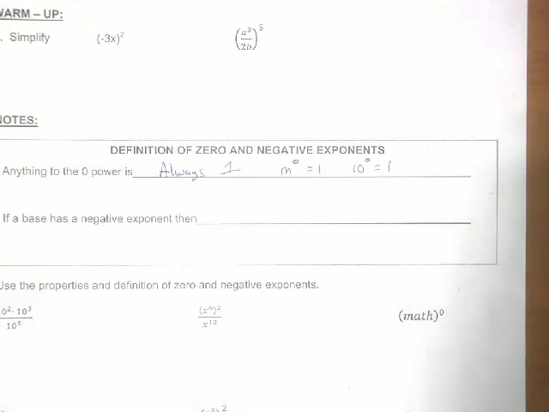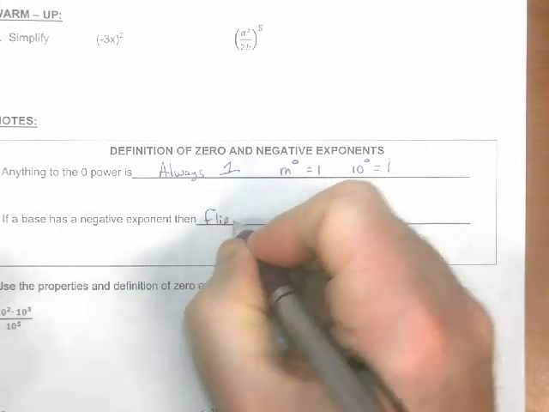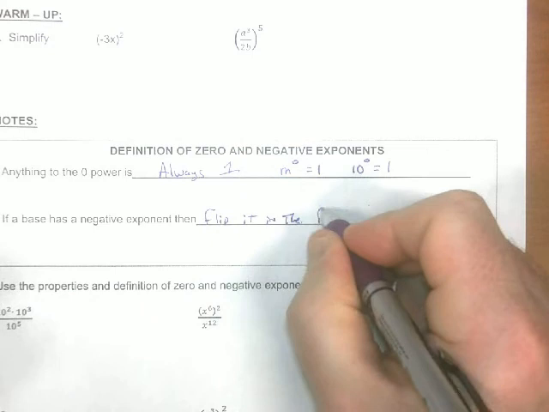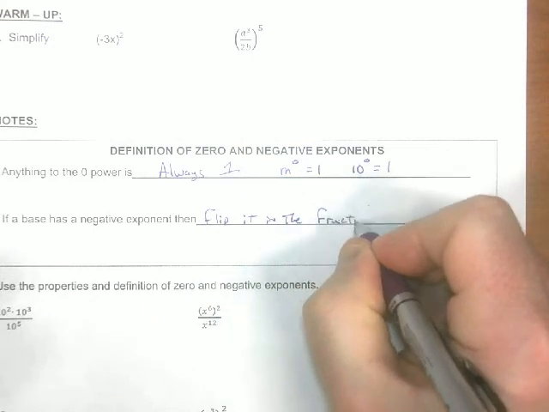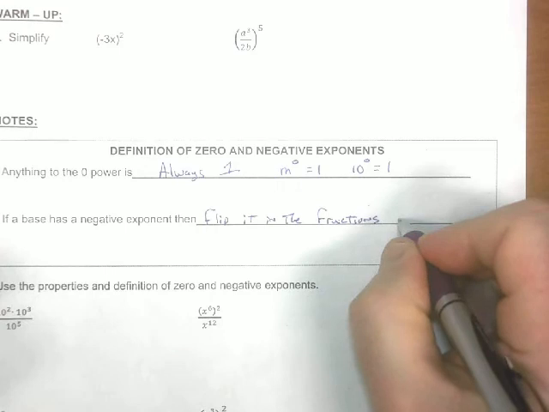Second part here is the negative exponent part. If a base has a negative exponent, then you are going to flip it in the fraction and make it positive.